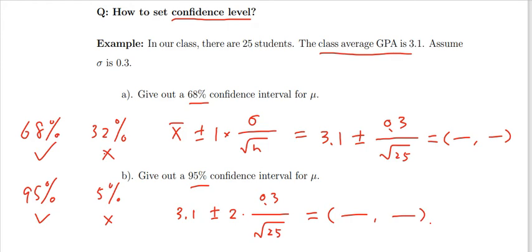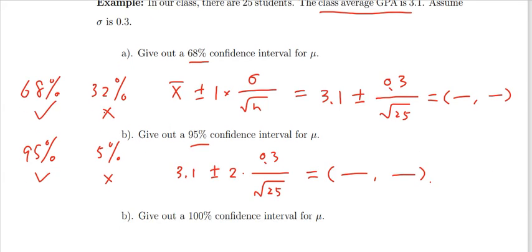This 5% chance is not so big, so people will accept this. So for confidence levels 68 and 95, we prefer 95, right? This is the probability or chance that my conclusion is wrong, so the smaller the better.